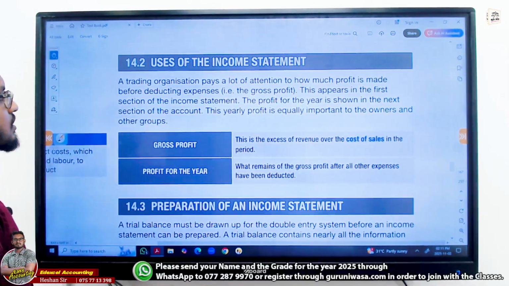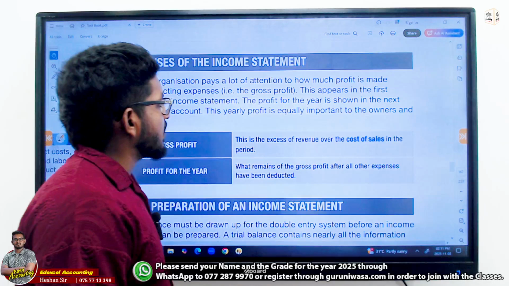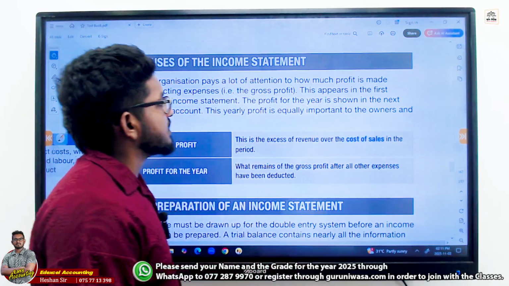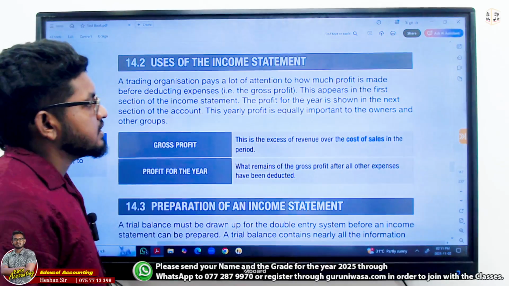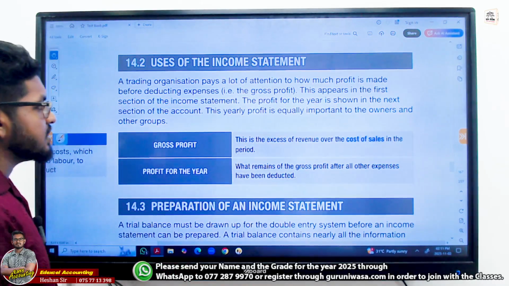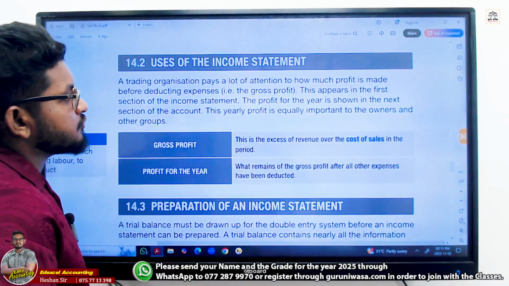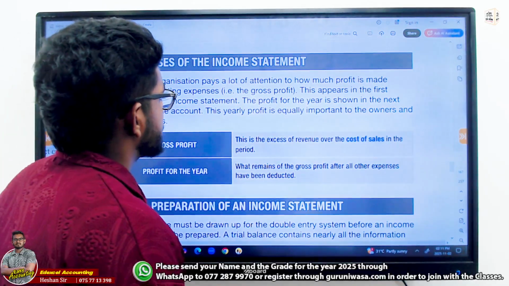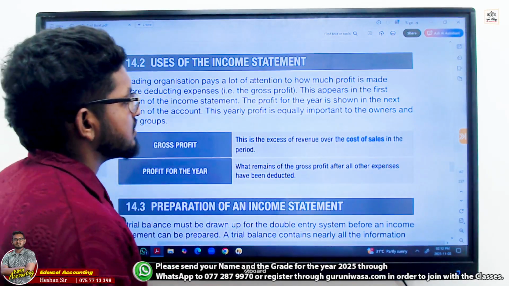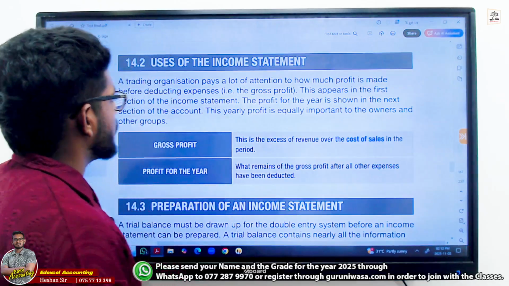The trading organization pays a lot of attention to how much profit is made before deducting expenses, the gross profit. This appears in the first section of the income statement. The profit for the year shows in the next section of the account. The yearly profit is equally important to the owners and their groups.